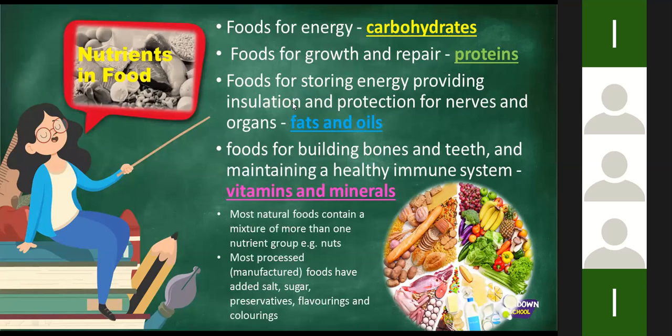Most natural foods contain a mixture of more than one nutrient group. My example is nuts. Now I want you to tell me, what can you think of a food that has more than one nutrient group? Example would be nuts. What can you think of? Meat?